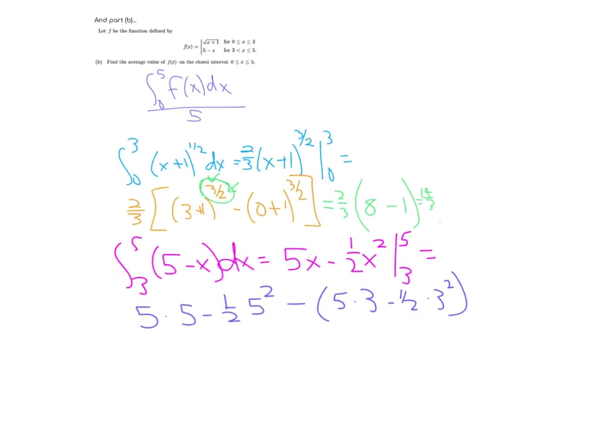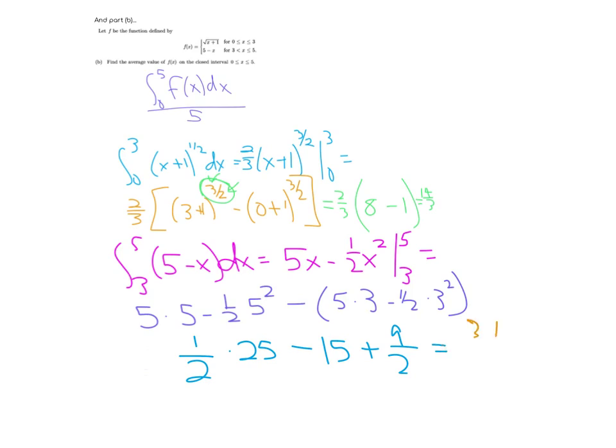That's 5 times 5 minus half of 5 times 5, so that's half of 25, because that's a whole minus half. And then that's 15 minus half of 9, so minus 15 plus half of 9. So 25 halves and 9 halves makes 34 halves.